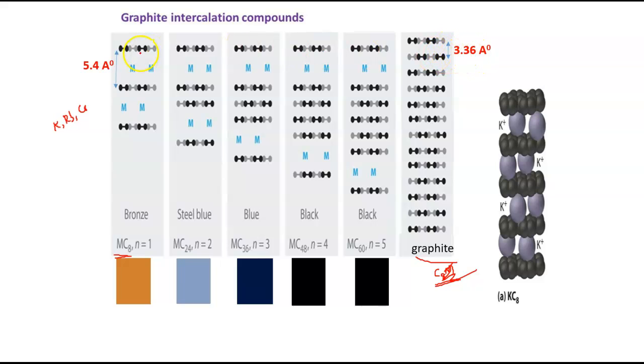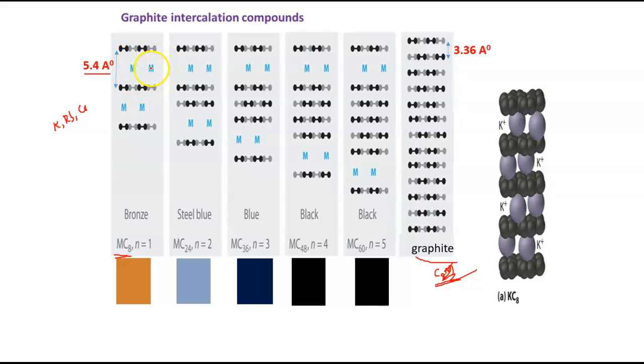And as you move further and further towards C8M, the first stage intercalation compound, you will see that the interplanar distance between each of the graphite layers has increased to about 5.4 Angstroms. That is for incorporating the corresponding metal ion within that particular structure.